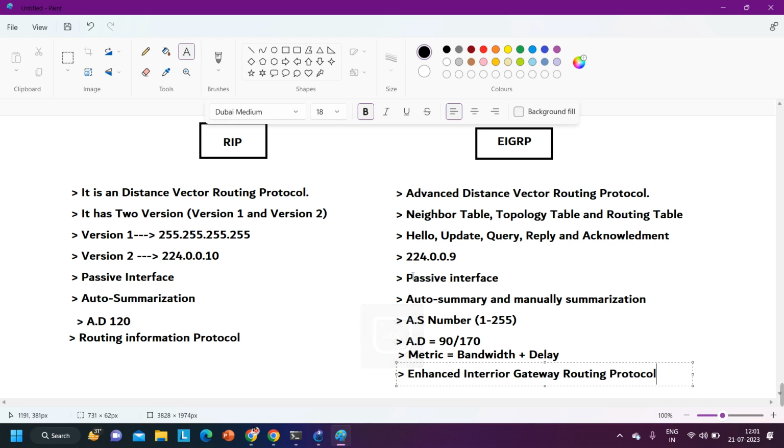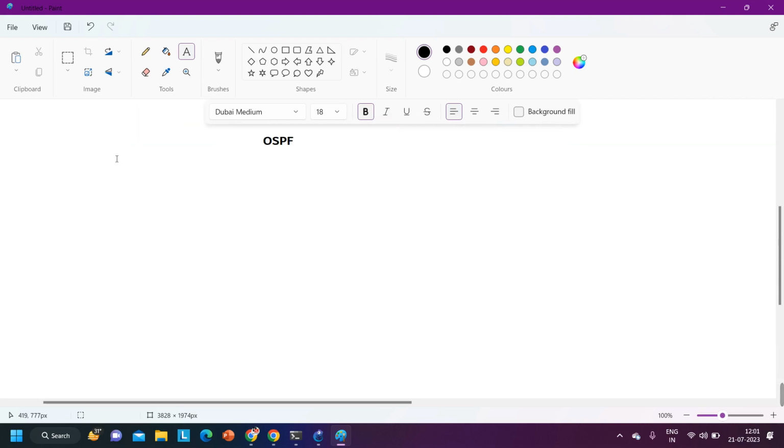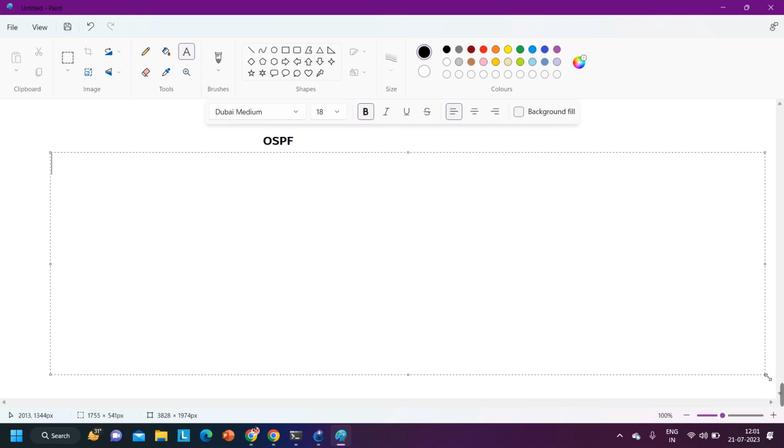And OSPF stands for Open Shortest Path First.